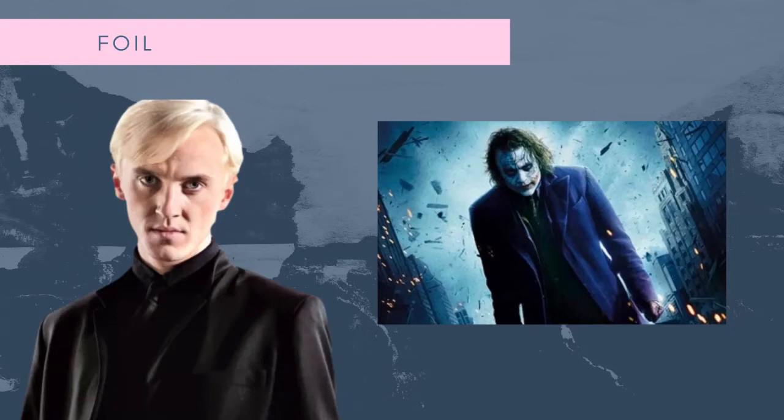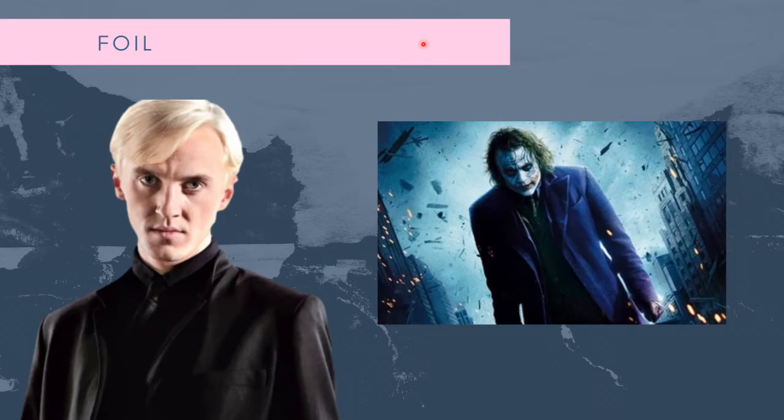And we have the foil. A foil character primarily exists to bring the protagonist's qualities into sharper relief. This is because the foil is effectively the opposite of the protagonist. Now, you might be thinking that a foil is the antagonist.